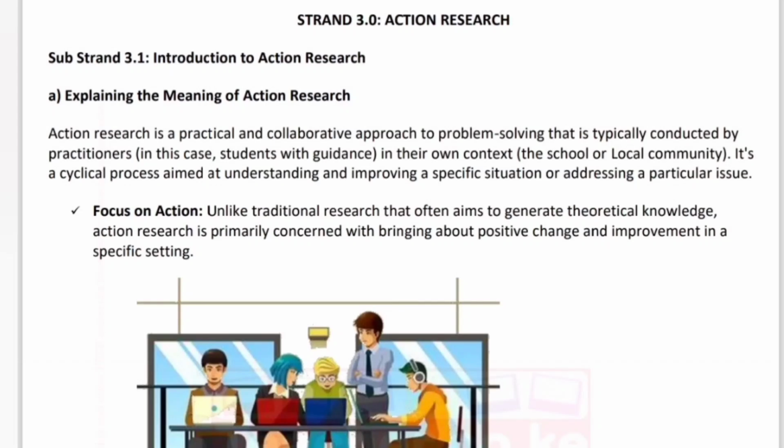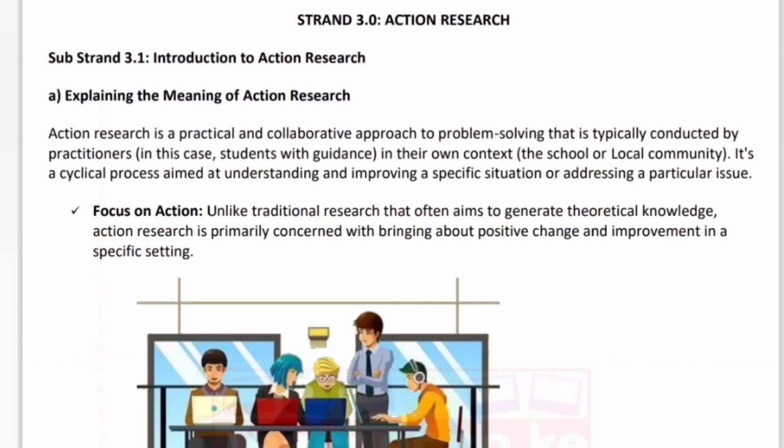Another characteristic is that it is a cyclical process. It repeats a continuous cycle of planning, acting, observing, and then you reflect. It is collaborative in that it requires working directly with affected community members.